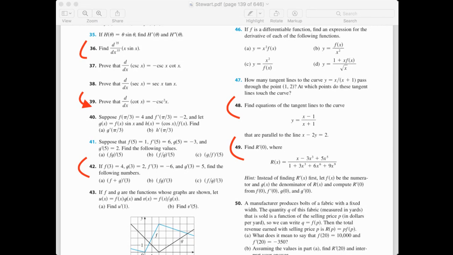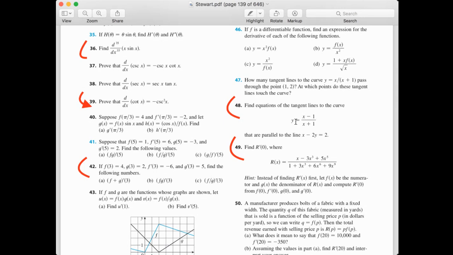All right, next one. Julie, you want to try 48? Yeah, I can do 48. If you want, I could take a picture of it too and just try to present that. Oh, that'd be great. Okay, 48 is find the equation of the tangent lines to the curve, right? So think about y as f of x. f of x equals x minus 1 divided by x plus 1.